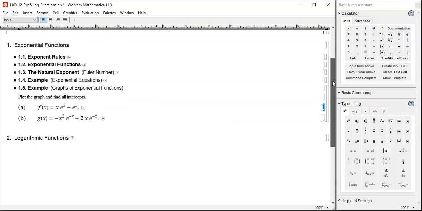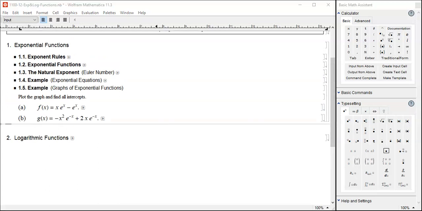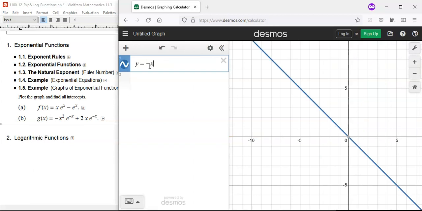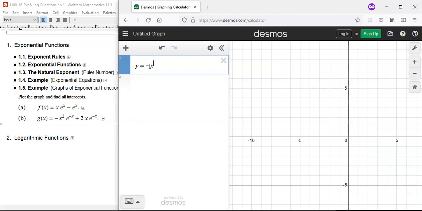How about the next problem here? Well, we have plenty of time, so let's go back to the Desmos graphing calculator. Negative x squared e to the, sorry, what did I click?